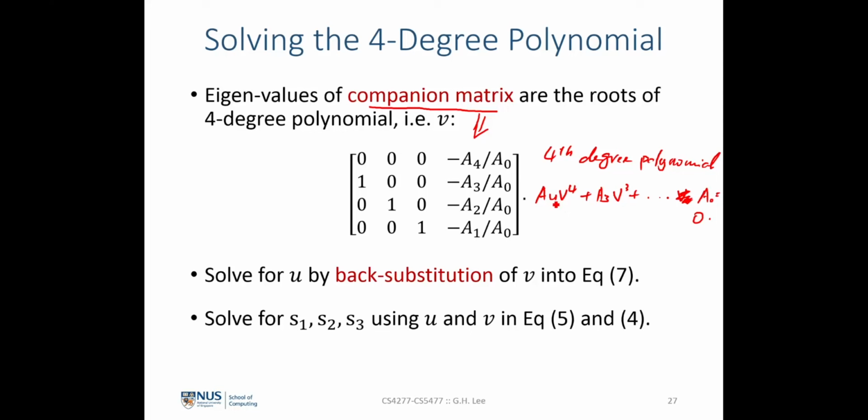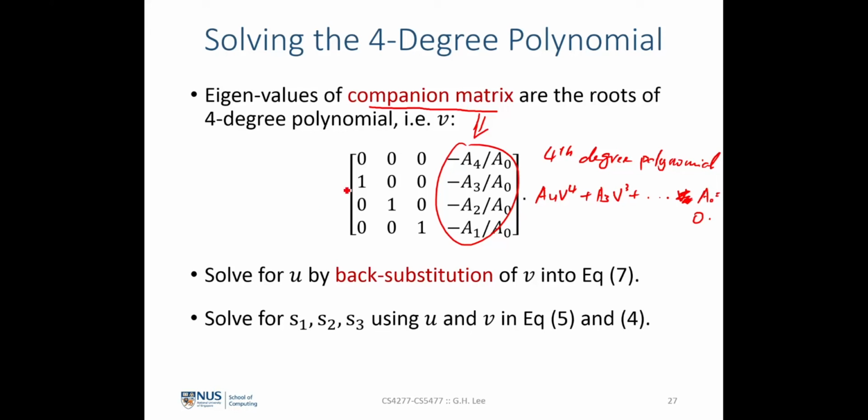So we'll simply substitute these coefficients into the last column of the companion matrix. I'm not going to show the derivation of the companion matrix here, but we'll see this merely as a tool for us to solve a 4-degree polynomial equation.